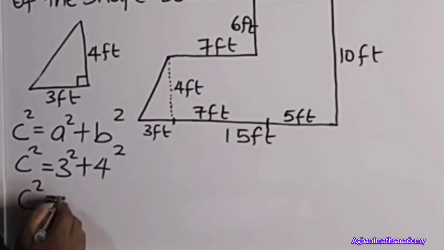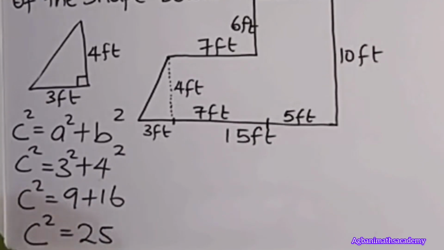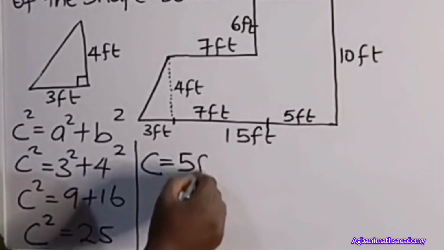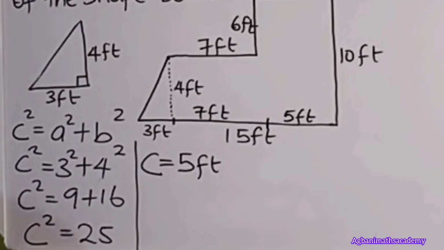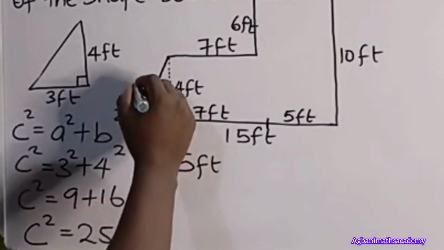So C squared is equal to 9 plus 16. C squared is equal to 25. So if C squared is equal to 25, C is equal to square root of 25, which is 5. C is equal to 5 feet. So we found the value of C. Remember C is this side. So now we know that this is 5 feet.